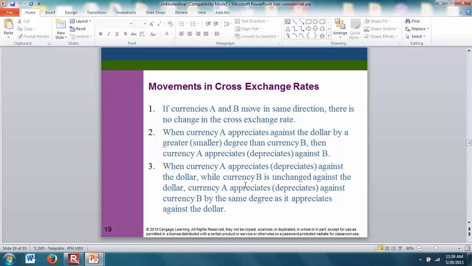The third one, when currency A appreciates against the dollar while currency B is unchanged, currency A appreciates against currency B by the same degree as it appreciates against the dollar. Okay, so basically here we are saying that the euro has increased in value while the Japanese yen has not increased in value. So in this case, the euro should appreciate against the Japanese yen.